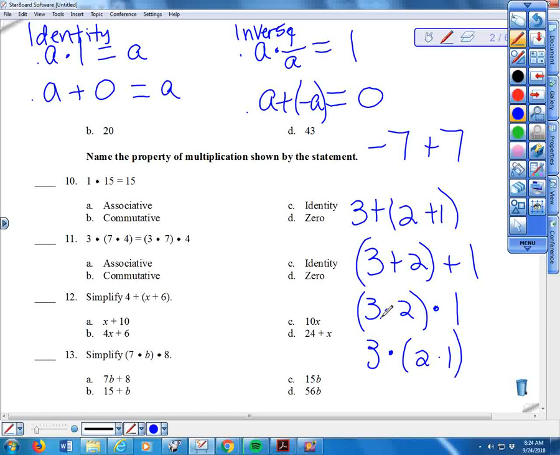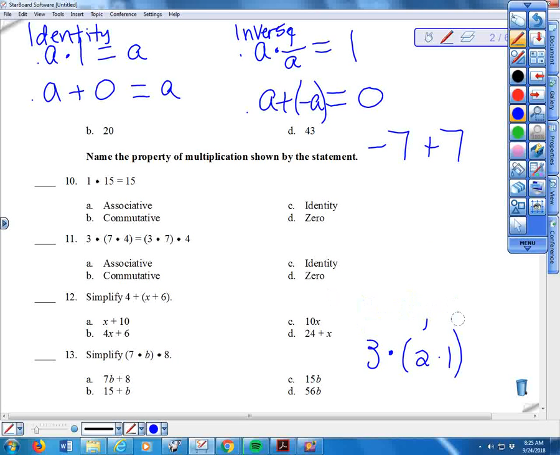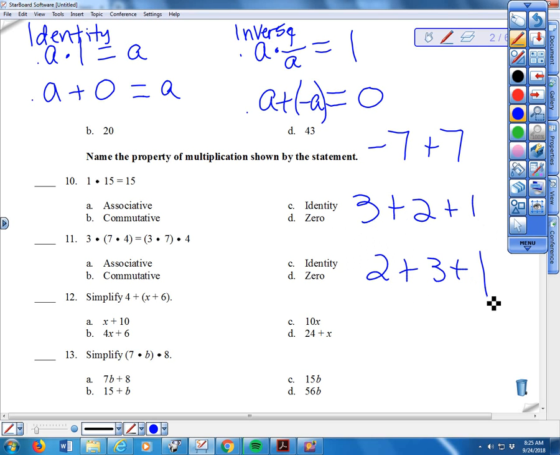The commutative property, the order doesn't matter. That's what I want you to think of when you think of commutative. So if I had 3 plus 2 plus 1, or 2 plus 3 plus 1, I can change the order of the numbers, and when I add them all up together, I'll get the same number.